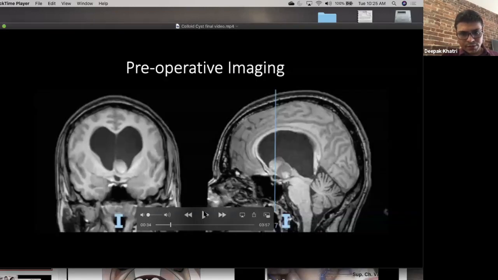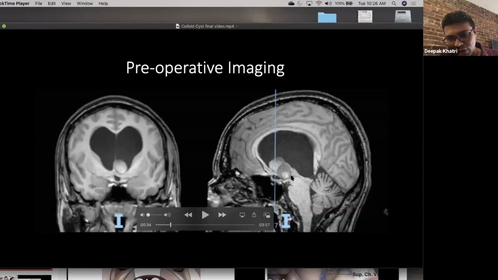Now, let's discuss the radiological images of this patient. So this is the coronal section, MRI. You are able to appreciate that there is a small round lesion on the left side. And the same image you can see in the sagittal section, that it is occupying the region of the foramen of Monroe.